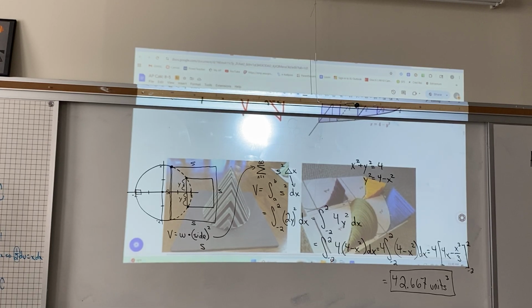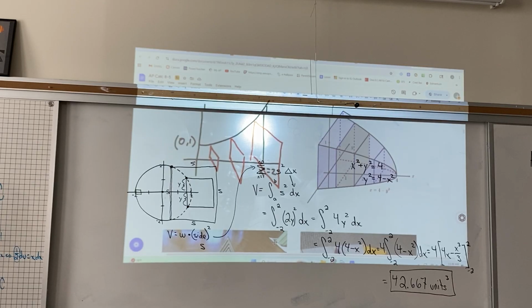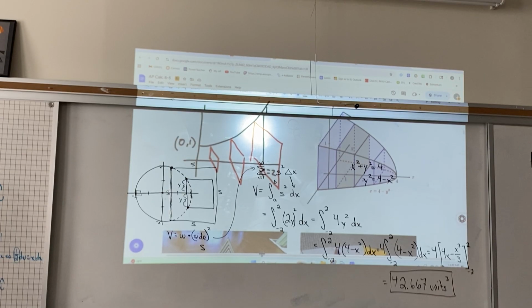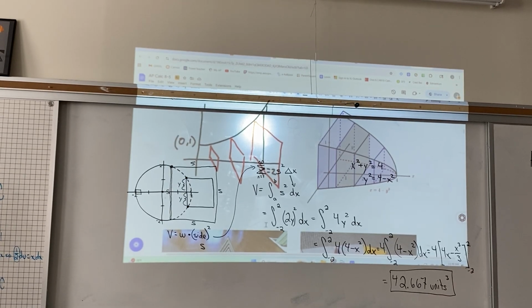Maybe picture these as little squares. So you got little squares where it's close together, and then it builds up to a big square. You could say this is squares coming out of that shape, even though it's not a circle.